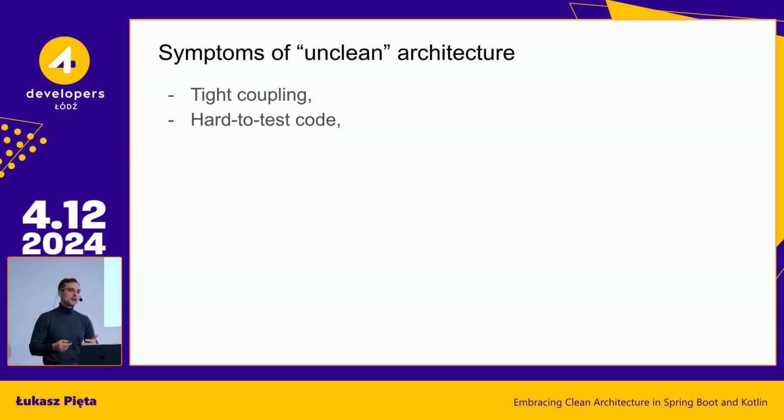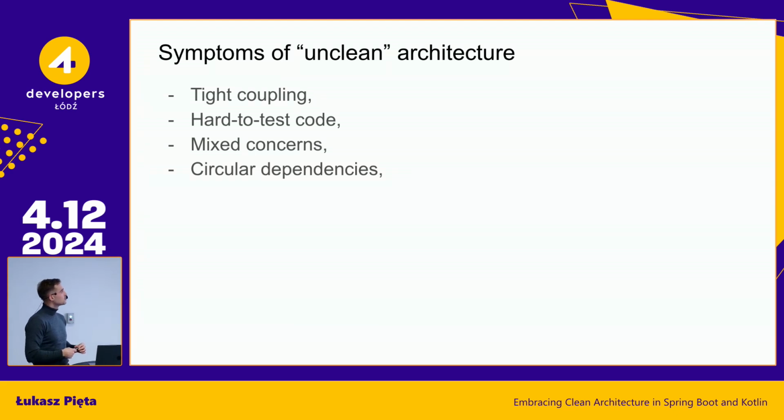You don't need to populate a database, because you don't need integration tests. You can test the logic using only unit testing, and mocking many things is also not necessarily needed. Mixed concerns, like when we had this JPA class that was at the same time our business logic class, that's a symptom. Cycles, which we didn't have in our example, but whenever you have them, something is wrong.